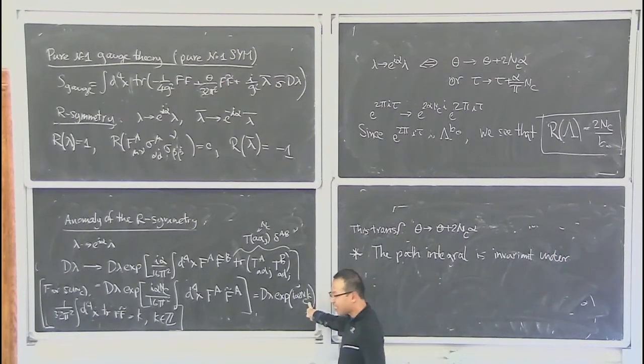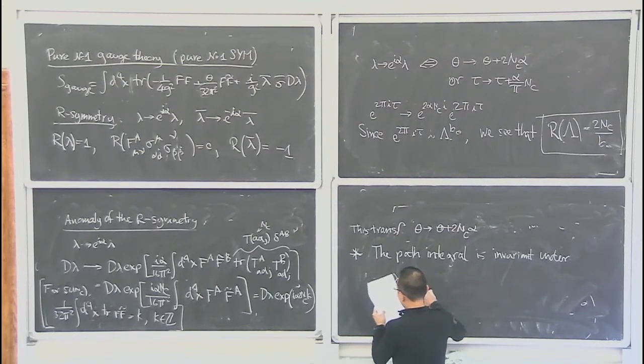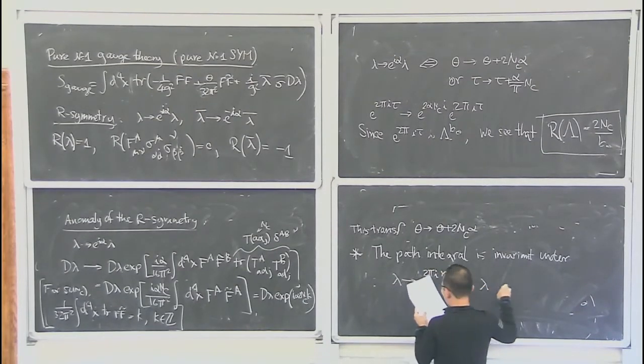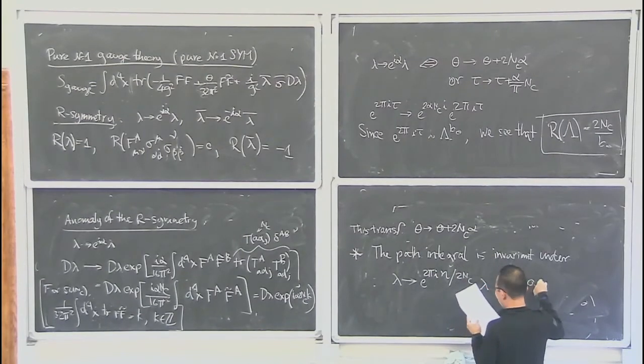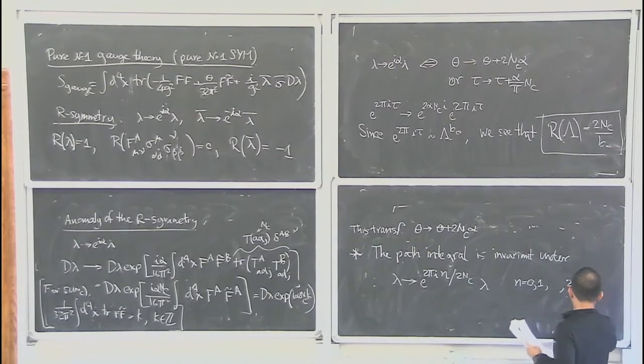observe that because of this k, now it's integral, so you can play the following thing. The path integral is not just invariant under any shift, right? Because now the phase becomes an integer value. So e to the 2πi n over 2N_c λ, where n is equal to 0, 1 up to 2N_c minus 1.